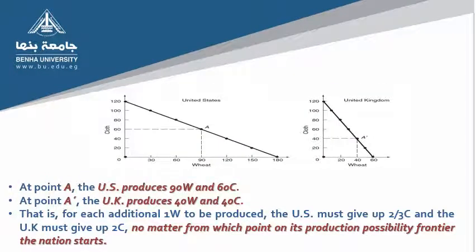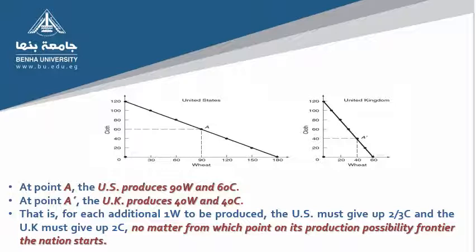The United States and the United Kingdom production possibility schedules, given in the previous table, are graphed as production possibility frontiers in the following figure. Each point on a frontier represents one combination of wheat and cloth that the nation can produce. For example, at point A, the United States produces 90 bushels of wheat and 60 yards of cloth, while at point A dash, the United Kingdom produces 40 bushels of wheat and 40 yards of cloth.